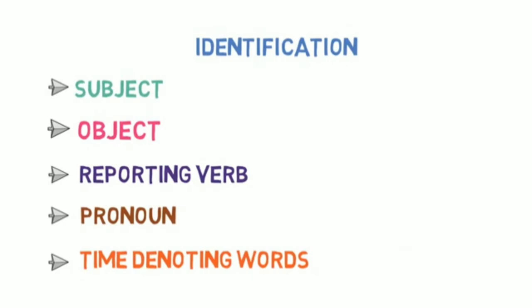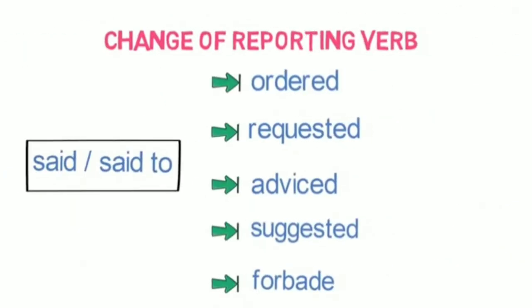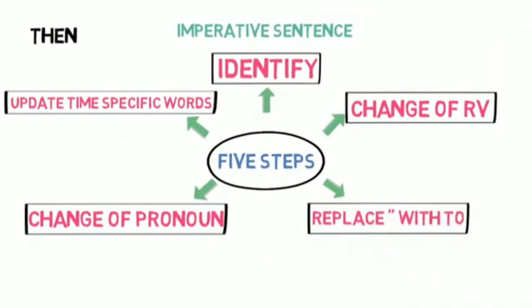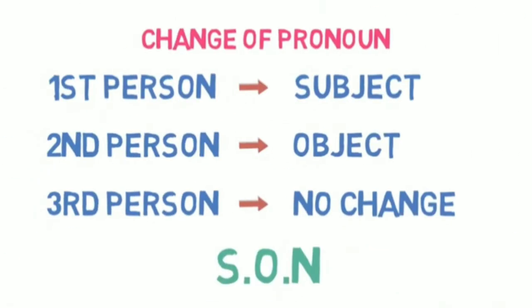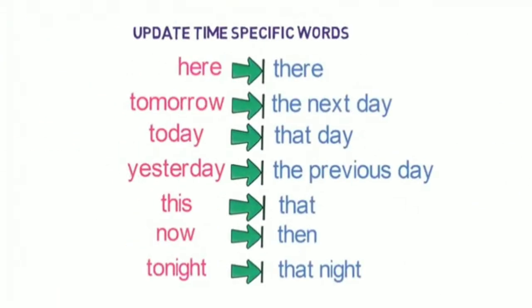We need to identify subject, object, reporting verb, pronoun and time denoting words if any. Number 2, change of reporting verb as per this workflow. Number 3, replacement of inverted comma with to. Number 4, change of pronoun as per this workflow. And number 5, change of words denoting time as per this workflow.